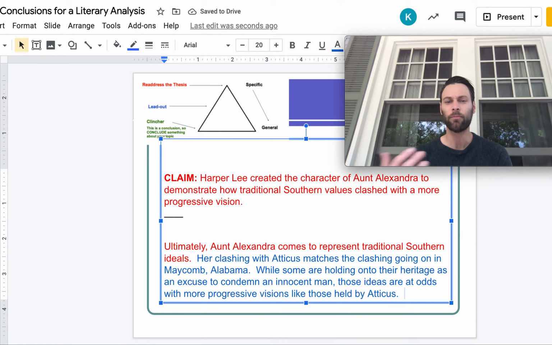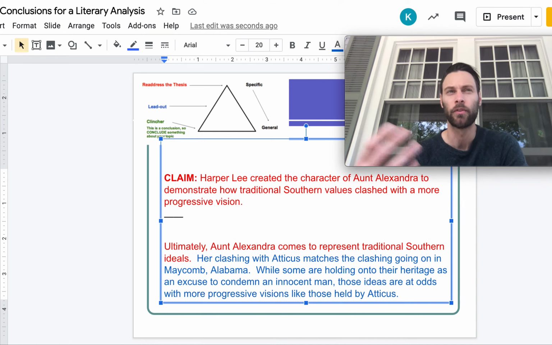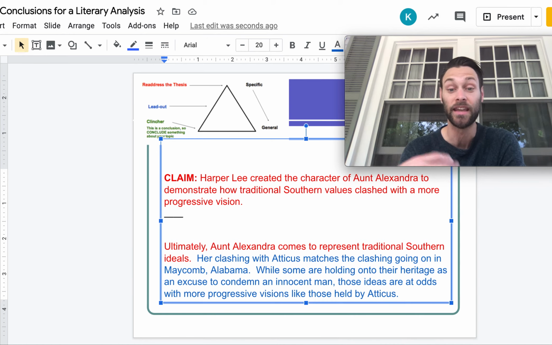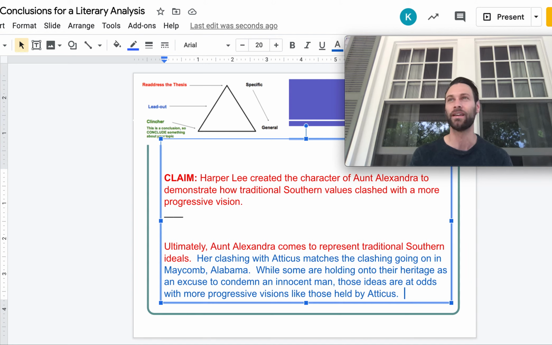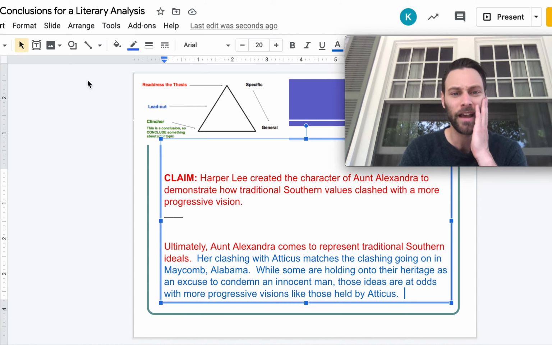I'm leading back out by capturing some of those big key ideas and the key characters that I analyzed in my particular essay, most of which were Atticus and Aunt Alexandra. Even if I talk about the kids, really Atticus is going to be at the core of that too. So now's that clincher, right?